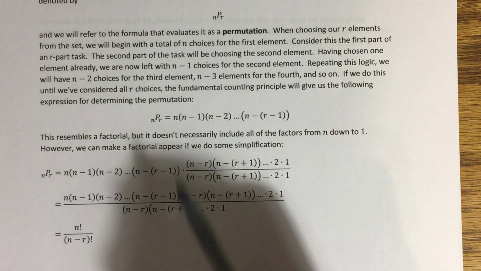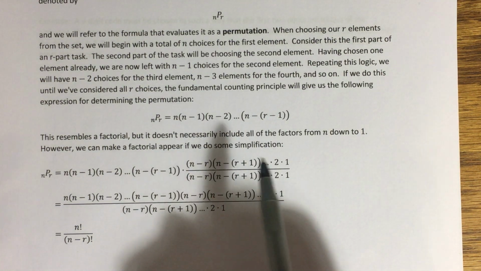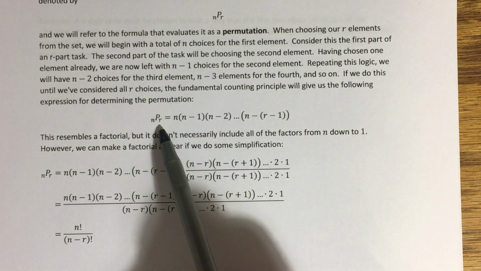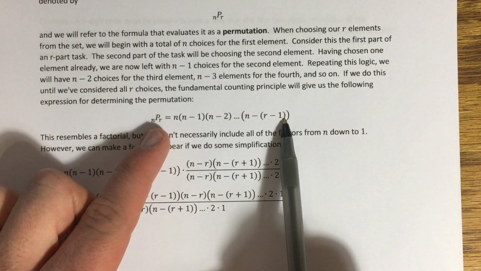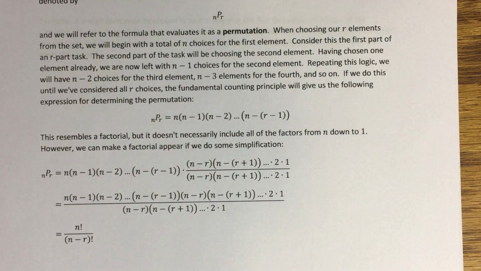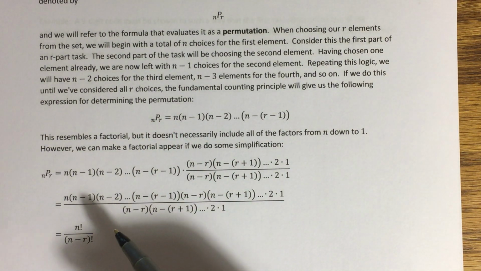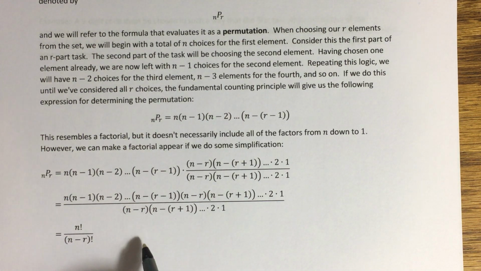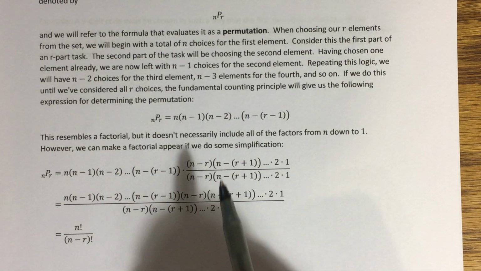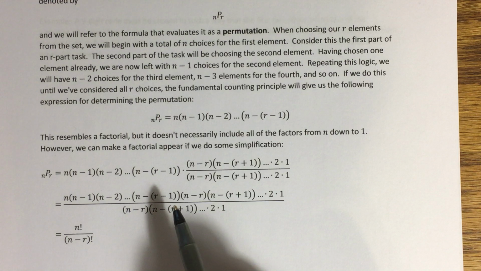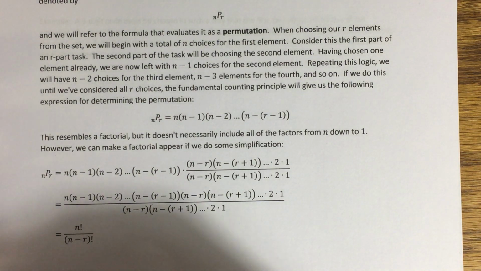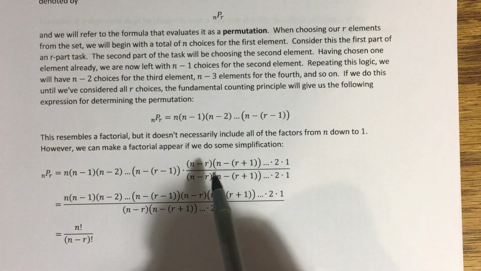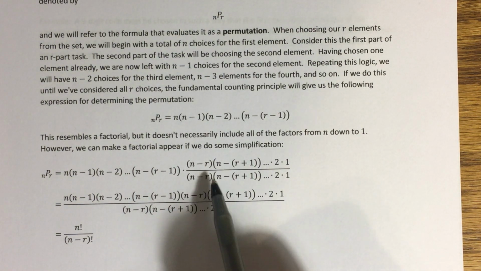Now, this formula, the way that I've written this, is not very useful, because if r is a large number, then that's going to be a lot of things that we're multiplying here. And so even though this will give us a correct answer, we have a way of simplifying this a little bit. A common technique that we use throughout math is to take an expression and multiply it by another expression that's equal to 1, usually in the form of a big fraction.